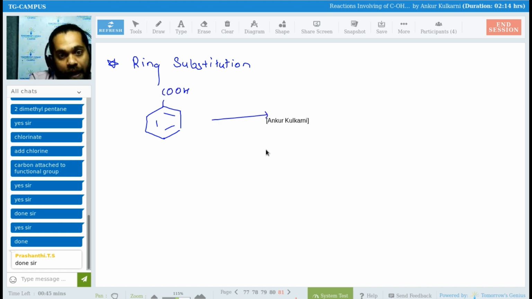And what will happen, Prashanti, Bhuvneshwari, if I mix concentrated HNO3 and concentrated H2SO4? What will happen?